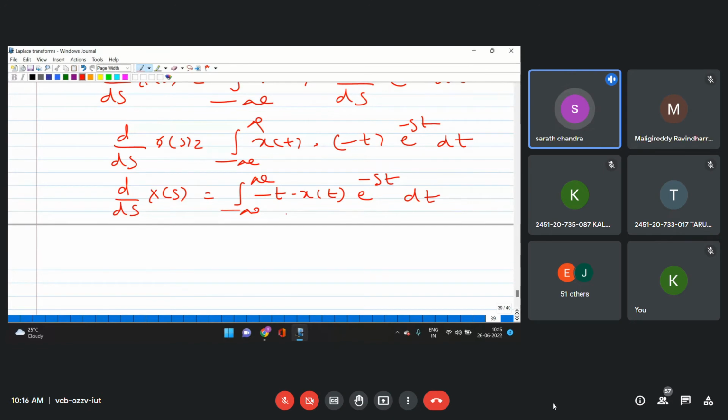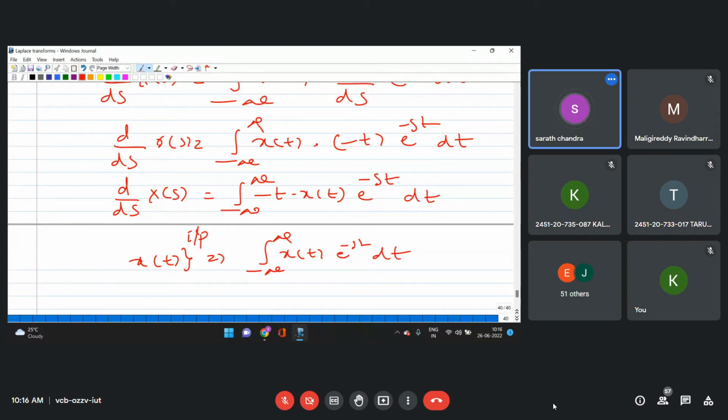So then directly how to do it, simple. If x of t is input, right? If this is input, the expression will be what? Minus infinity to plus infinity x of t e power minus st dt.